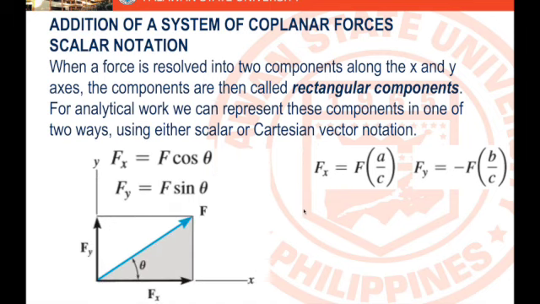So first, we have the force F here in boldface, so that means it's a vector, and what we are going to do is resolve this resultant vector, this vector F, into its x and y components, which we write as Fx and Fy.